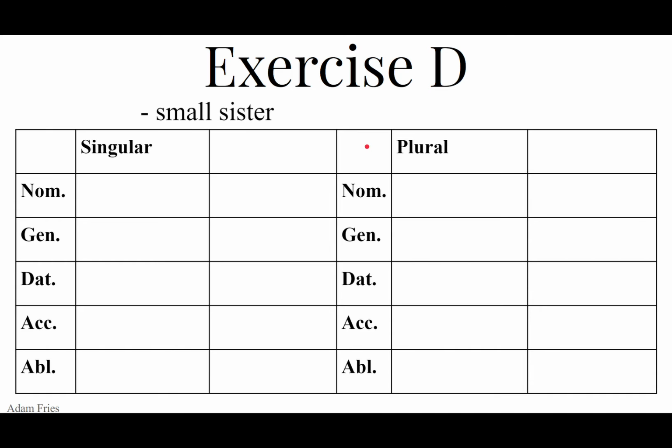Optime. A small sister. So the noun is sister, adjective is small. So soror, sororis, feminine is sister. It's a third declension feminine. And small is parvus, -a, -um. We don't want the masculine parvus, or the neuter parvum.